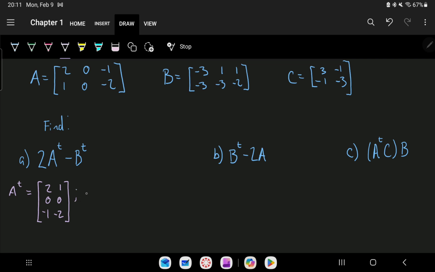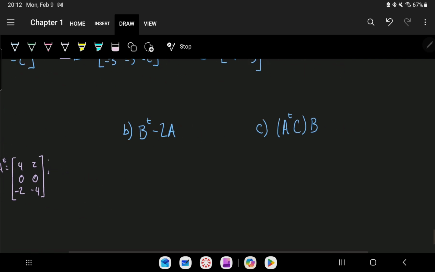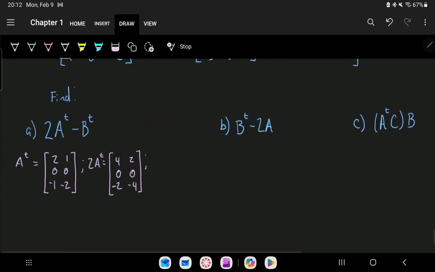Now it's asking for 2A transpose, right? And we said scalar multiplication is just going to take each individual component and multiply it by the scalar. So 2 times 2 is 4. Anything times 0 is 0. 2 times negative 1 is negative 2. And so on. And then we also have a minus B transpose, right?